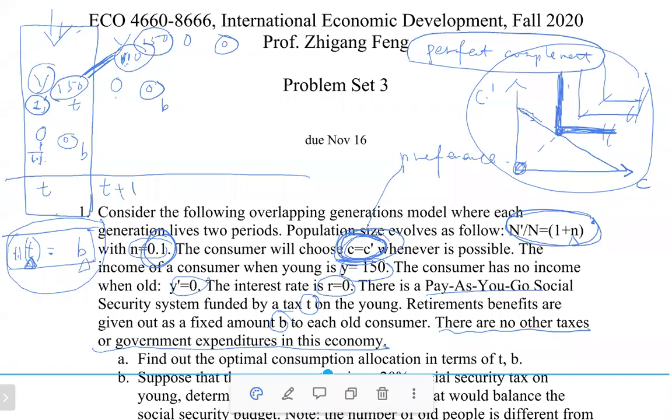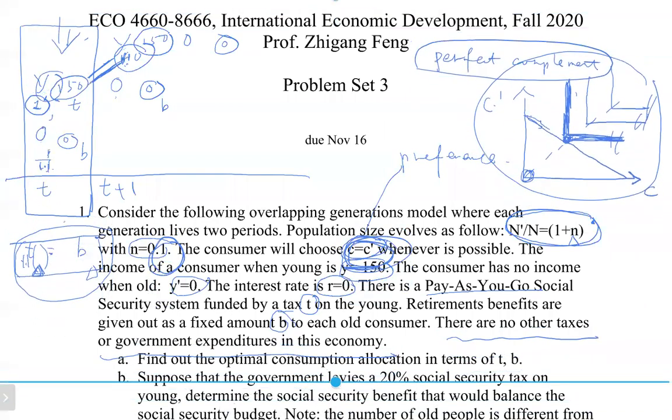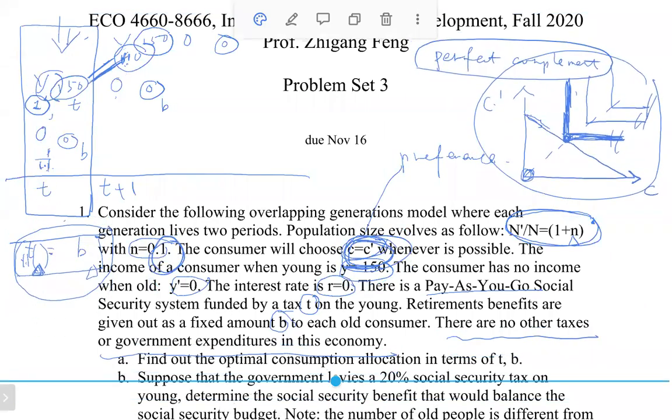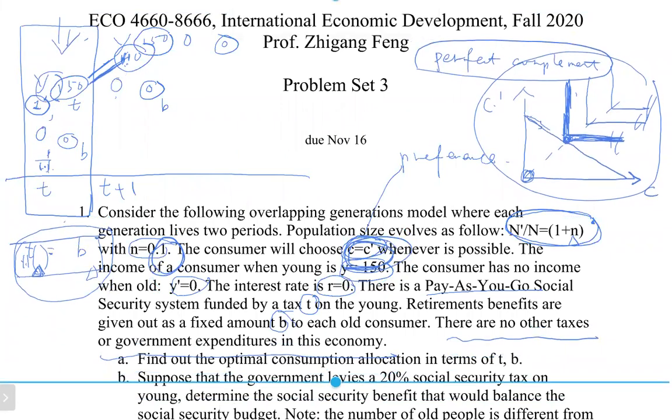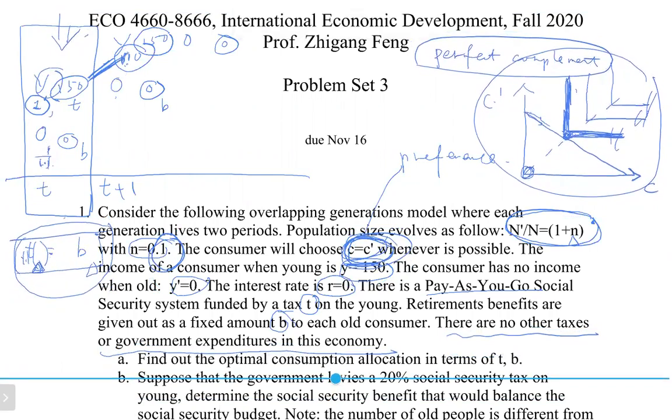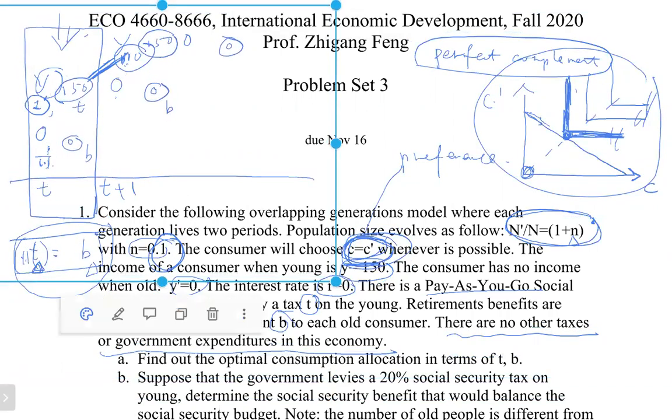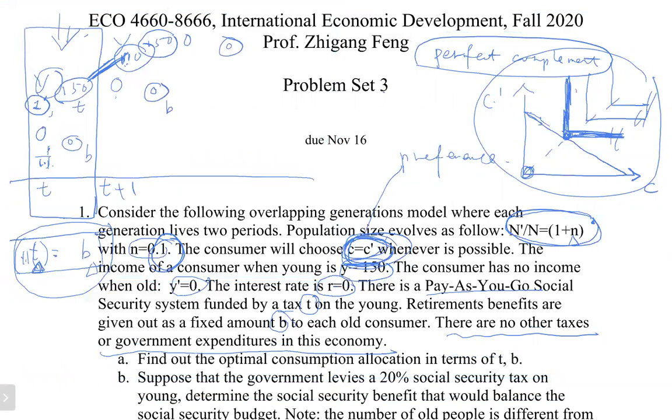C just refers to what you consume in the current period, because everyone lives for 2 periods, right? Young and old. So C refers to what you consume when you're young, and C prime refers to what you consume when you're old. Gotcha. That makes sense. Thank you.